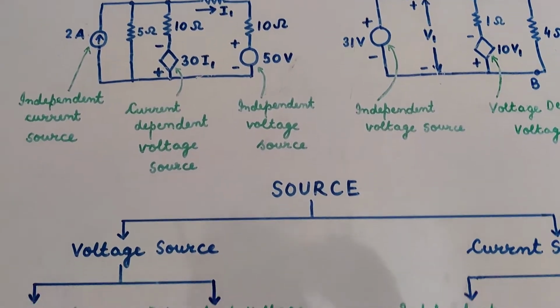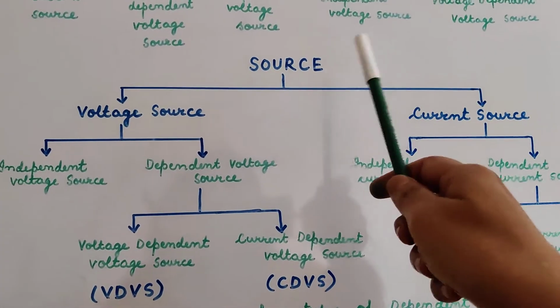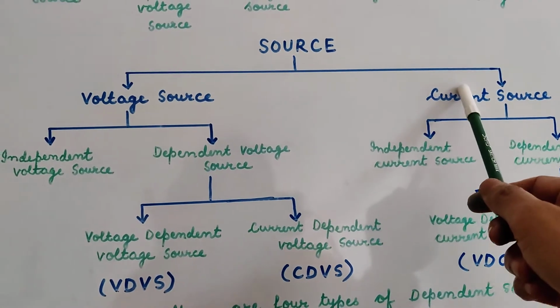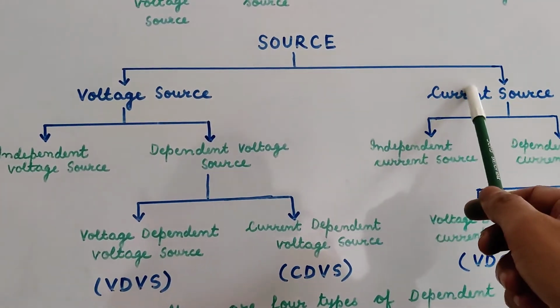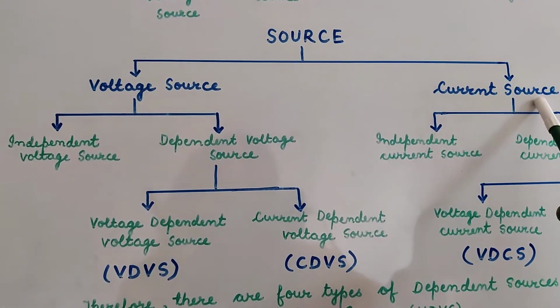So we can sum up that any source will be of two types. It can either be a voltage source or a current source.